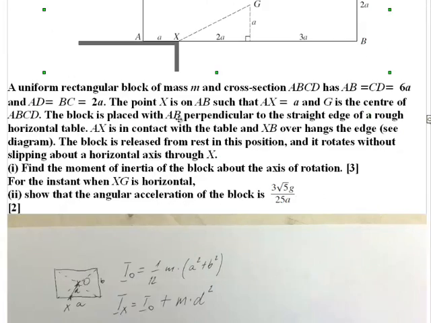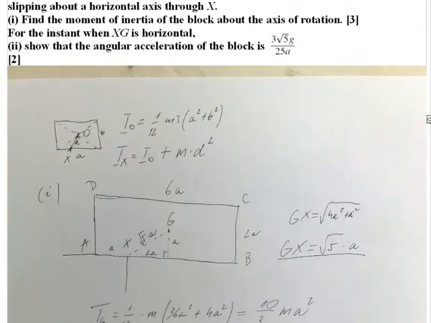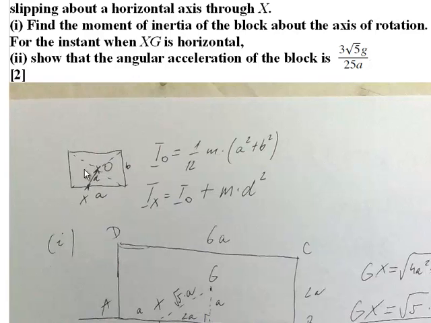So let's see. We will use this formula: the moment of inertia of a rectangle when the axis goes through the center of mass.